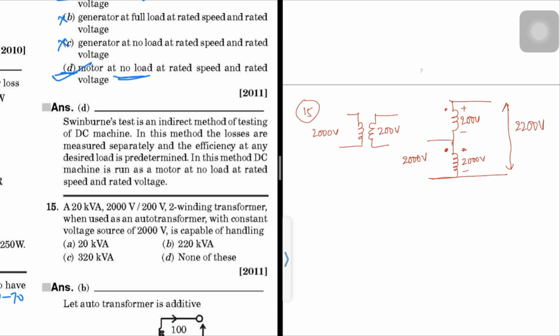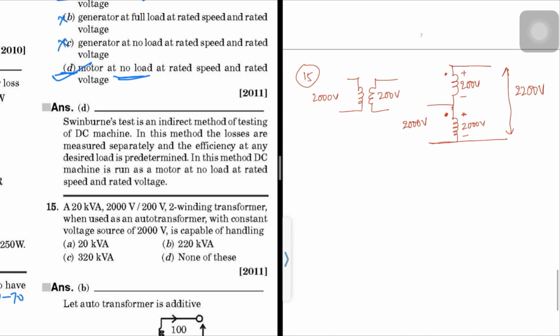Given rating is 20 kVA. The rating of the auto transformer equals the rating of the two winding transformer divided by 1 minus K, where K is LV by HV, low voltage by high voltage of the auto transformer.